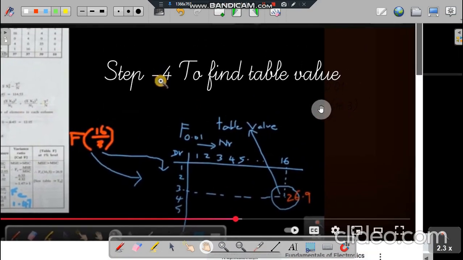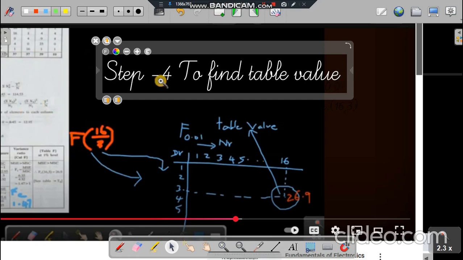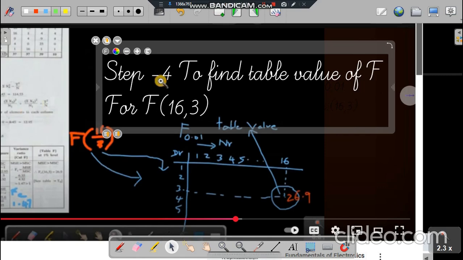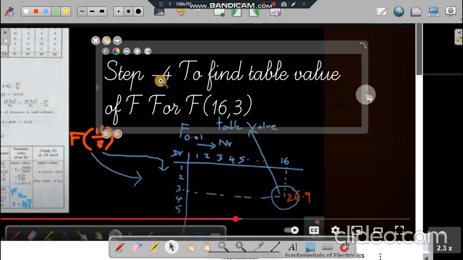So what we have to do is find the table value of F for degrees of freedom, that is F inside the bracket 16 comma 3. So this is the way we have to get the degrees of freedom.